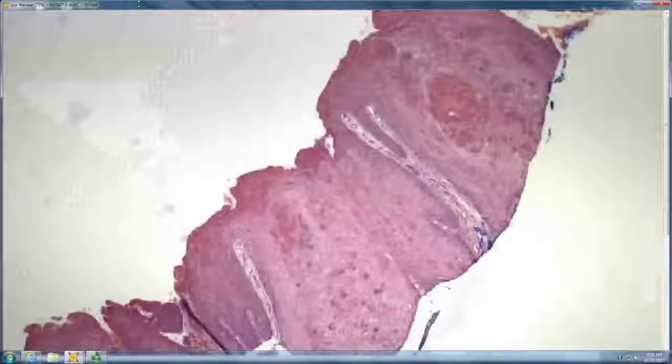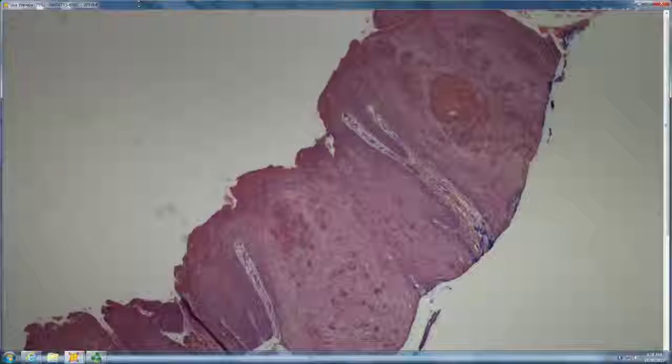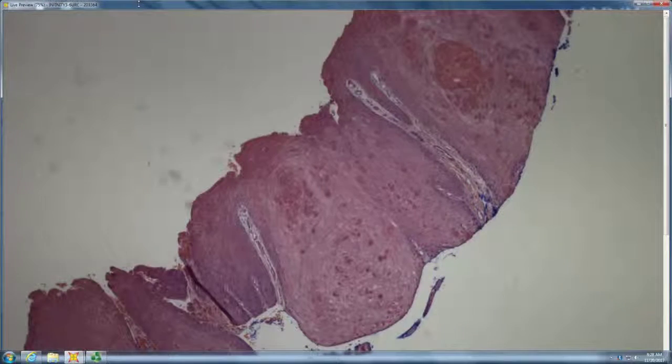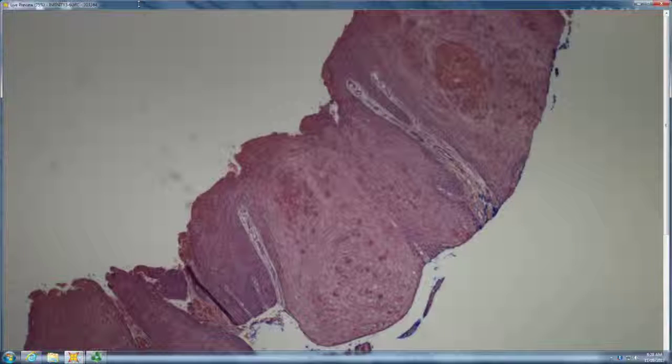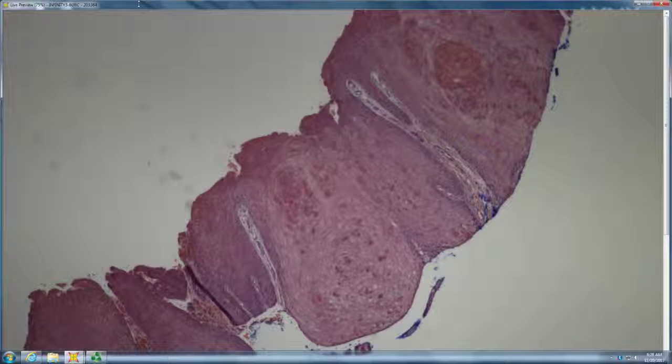Looks like there's some dyskeratosis. So kind of a glassy acanthosis, reminiscent of keratoacanthoma with lots and lots of dyskeratotic cells. So what could that be?